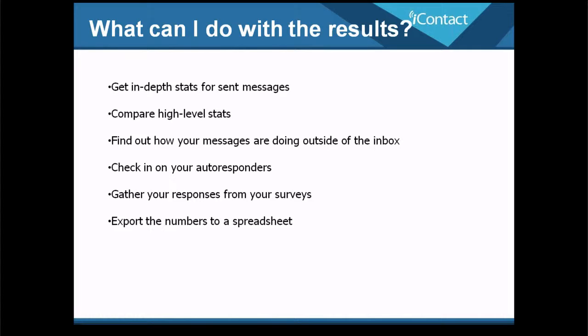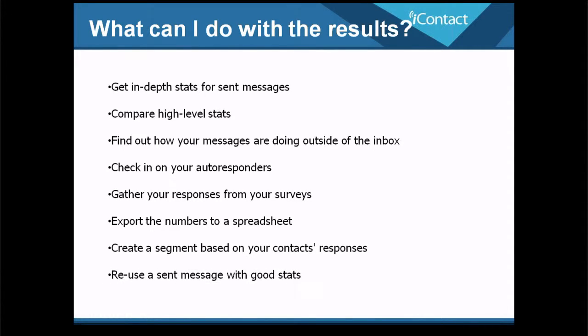This makes it easy to create your own graphs and share with anyone. You can also create a segment based on your contacts' responses. Then you can use this segment to send more targeted responses to your most active readers. You can also easily reuse a sent message that reported good stats to help improve your overall email marketing efforts.